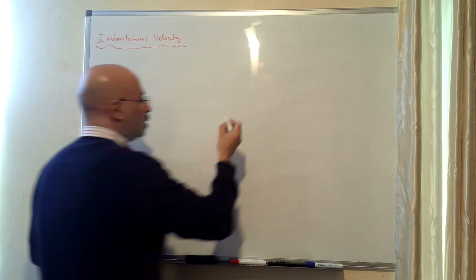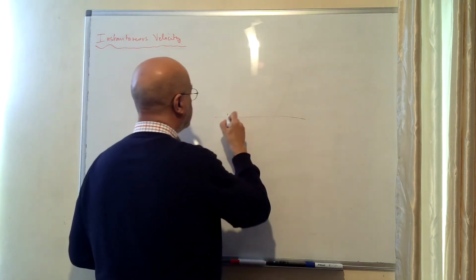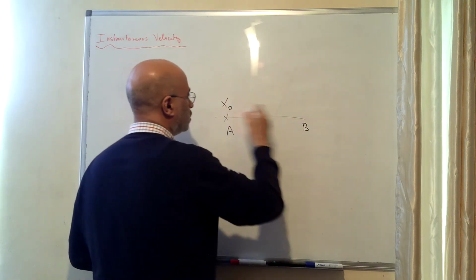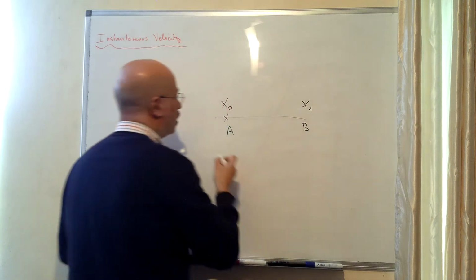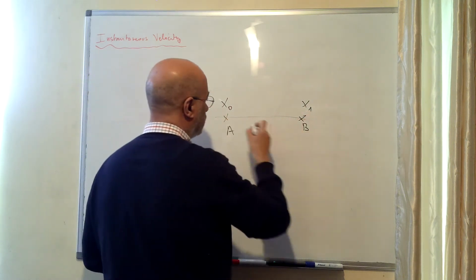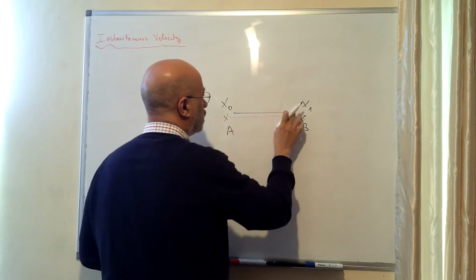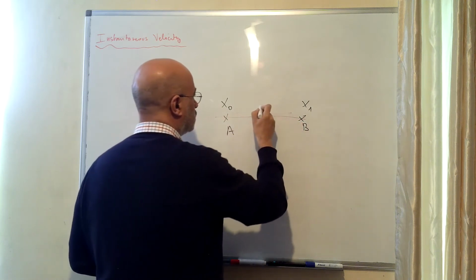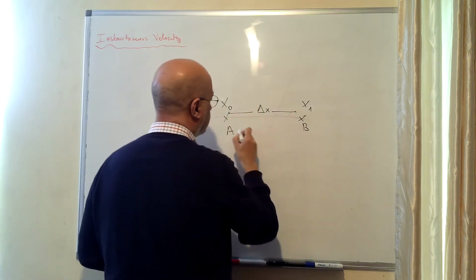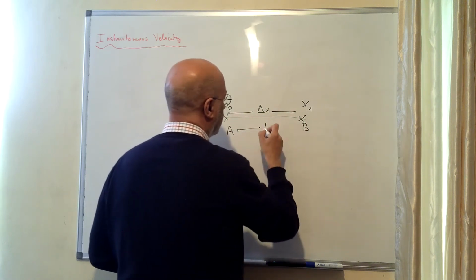We have, for example, a distance from A to B, x0 to x1. A car starts here and finishes here. So you have the distance, and here, for example, the time.